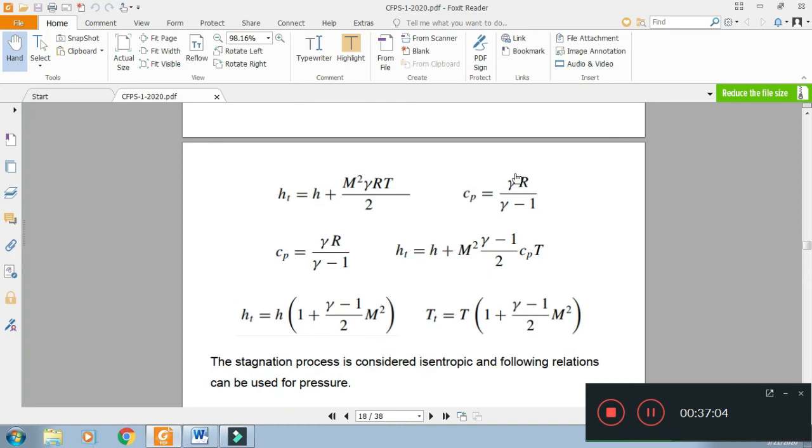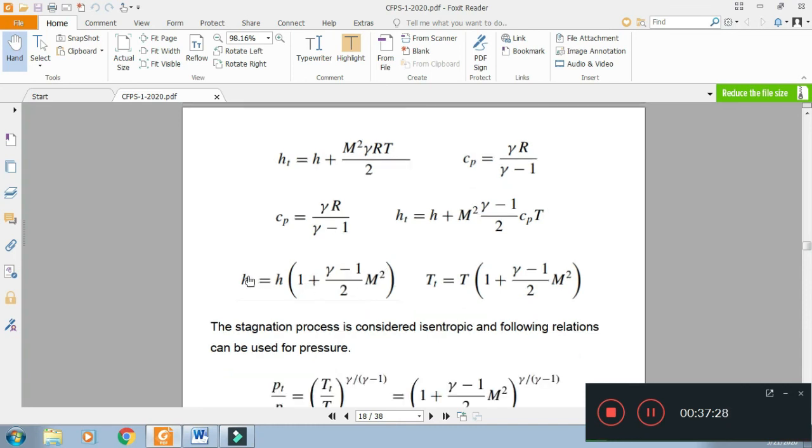Or we are combining CpT. CpT is enthalpy. For the perfect gas, H is equal to CpT. So we take H out of the bracket. We take common H, and we get a relation between total enthalpy and static enthalpy in terms of Mach number.